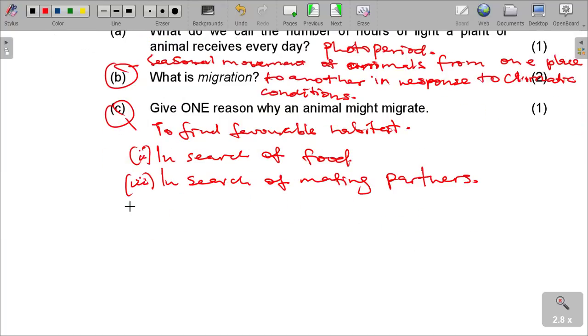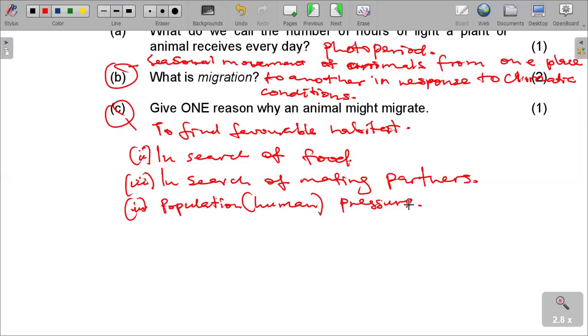They can also move because of human population pressure. Human population pressure will cause animals to migrate, because animals can find themselves not able to live in places which are heavily occupied by people.